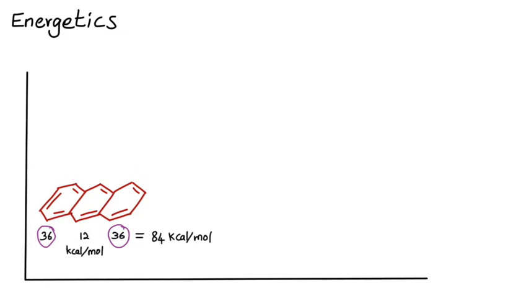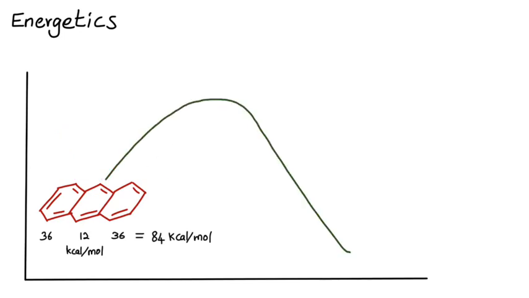But the middle ring, the center ring, contributes only 12 kilocalories per mole to the stability of the molecule. So it's easy to break. Here is a lesser contributor to the stability, and these two are the significant contributors. So it's easy to break the middle ring, and that's why the reaction takes place at the middle ring.